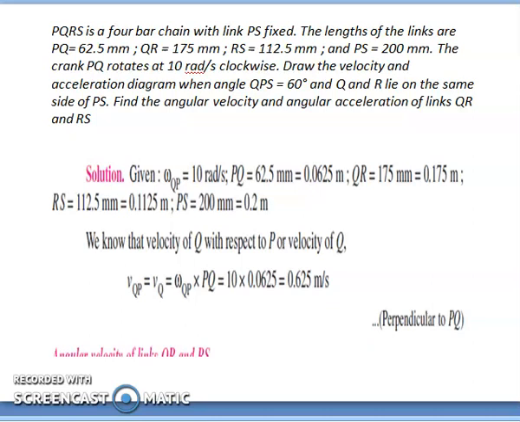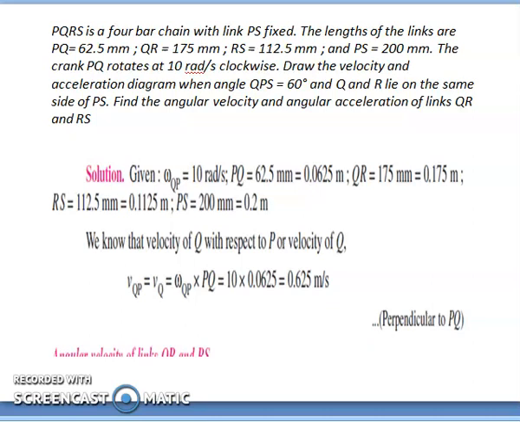You are going to draw the velocity and acceleration diagram, and the angle QPS is 60 degrees, and Q and R lie on the same side of PS. Find the angular velocity and angular acceleration of the links QR and RS.